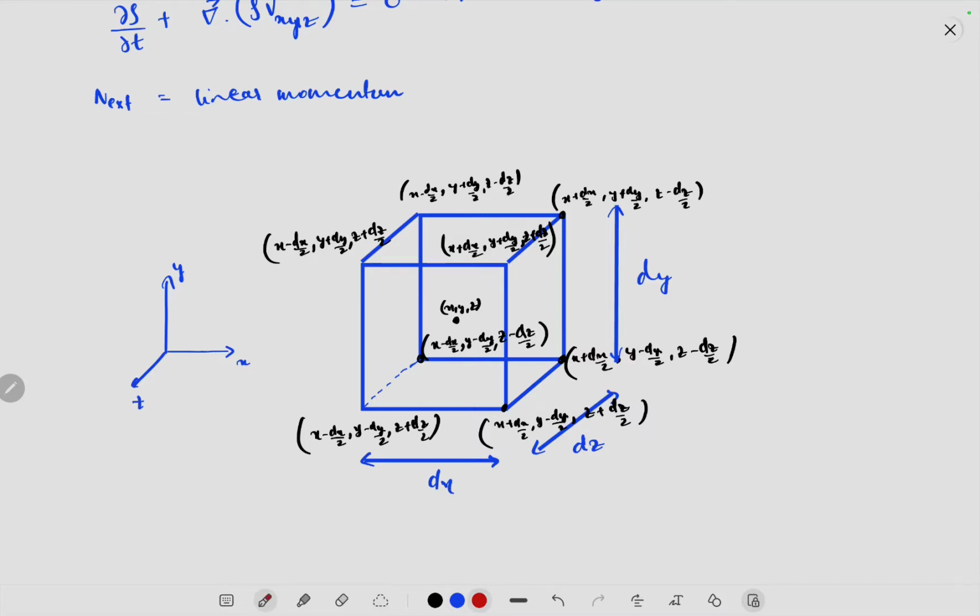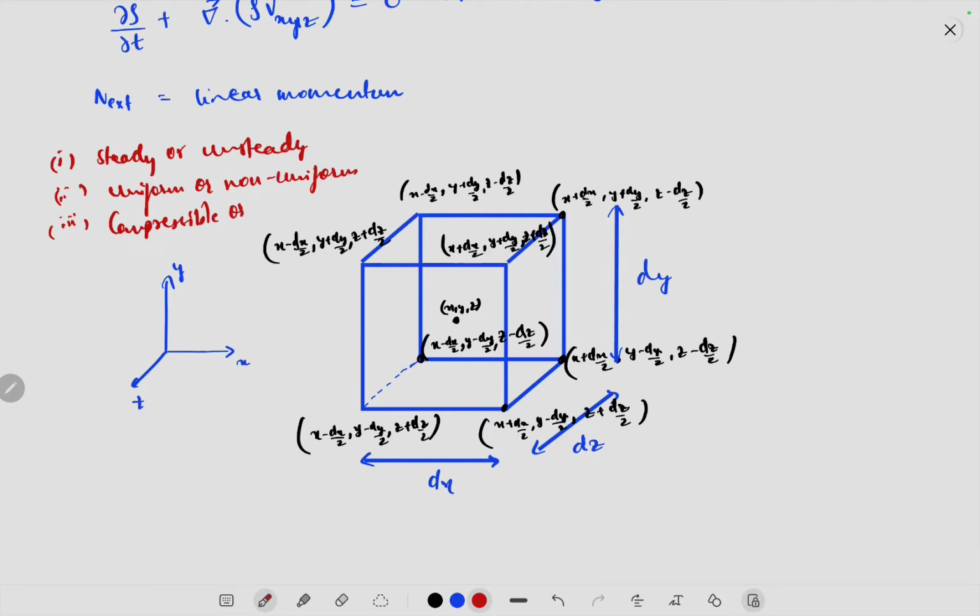Next, let's say we again want to derive for the case when we don't know whether the flow is steady or unsteady, whether it is uniform or non-uniform, and whether the fluid is compressible or incompressible.